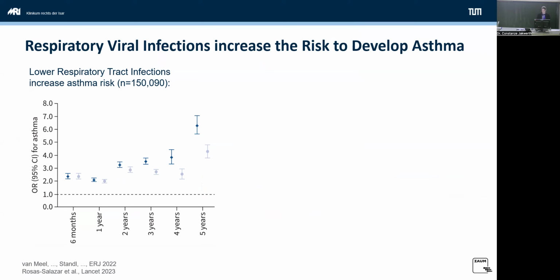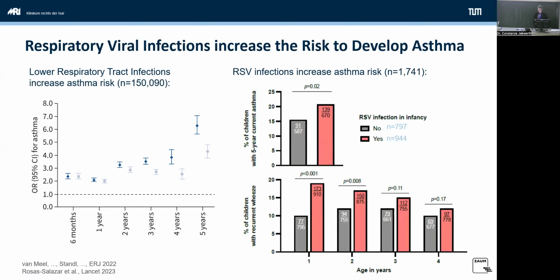As you can see here, this is again from the same meta-analysis of these cohorts, in particular, as I mentioned before, also in association to RSV infections. So the red ones had RSV infections in infancy. The percentage of current asthma at 5 years is much increased. Also, the percentage of developing wheezing episodes during the early ages.